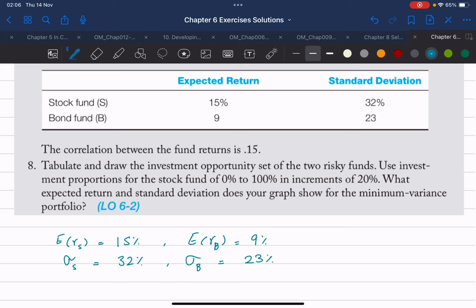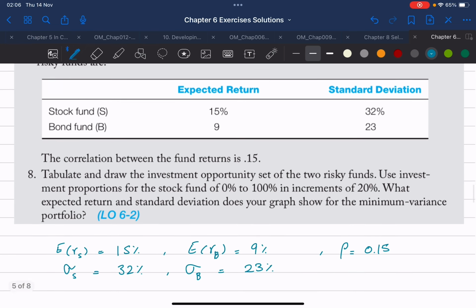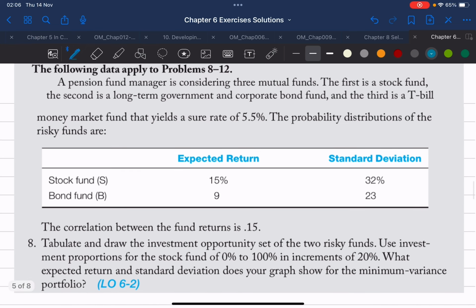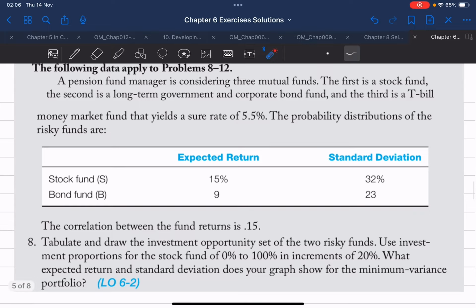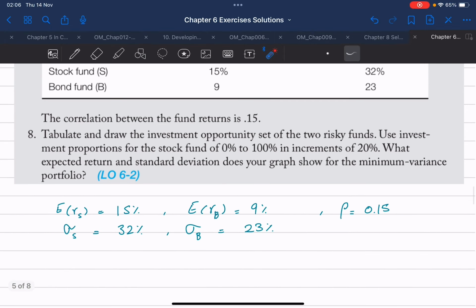We also know the correlation coefficient, which we'll denote as rho equals 0.15. And the question also gave us the risk-free rate to be 5.5%, so R_F equals 5.5%.